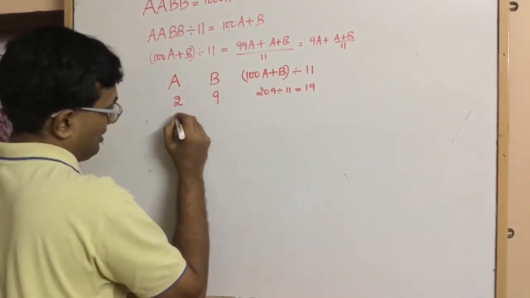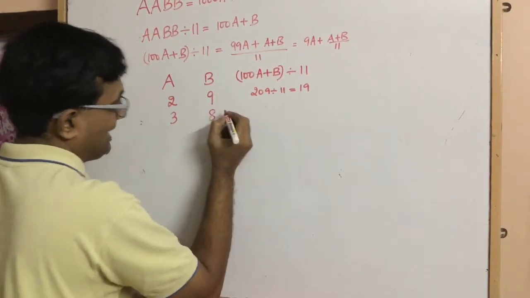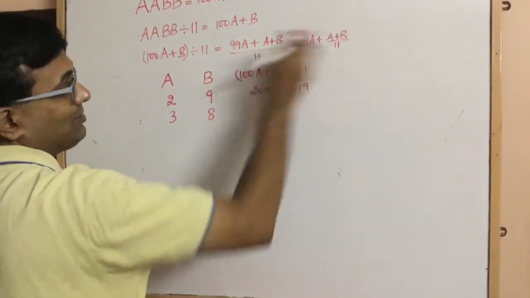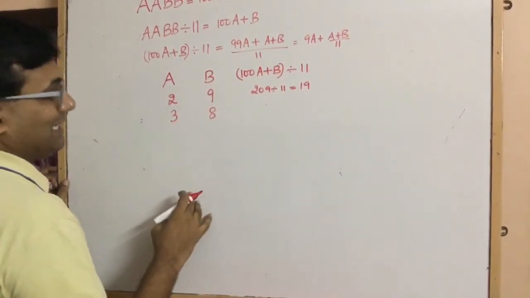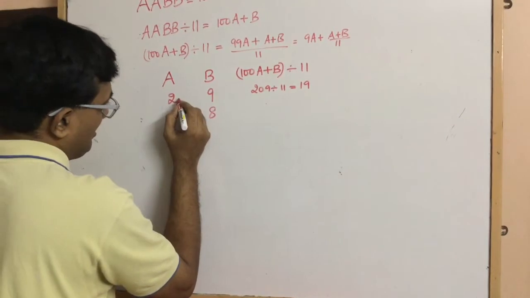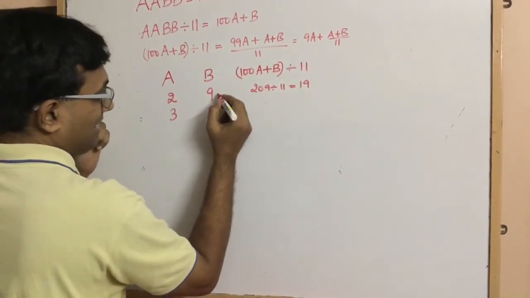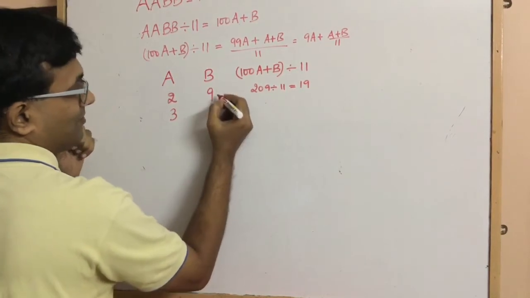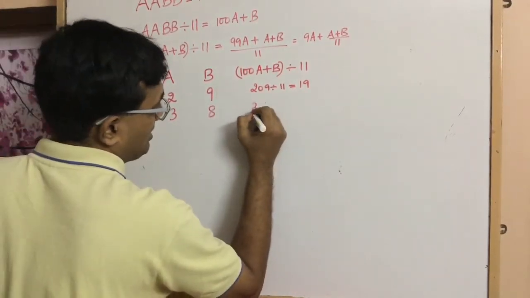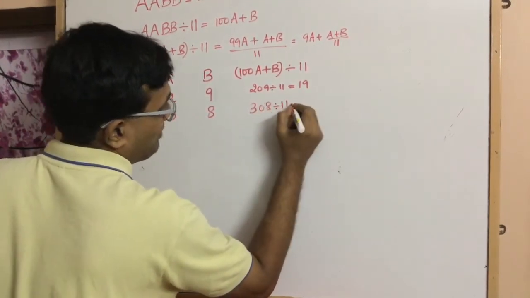The next choice for A would be 3, in which case B has to be 8, because 3 plus 8 is 11, which makes A plus B divisible by 11. We observe that here A has increased from 2 to 3, an increase by 1, and B has decreased by the same amount, which is 1. So what we would get here is 308 divided by 11.